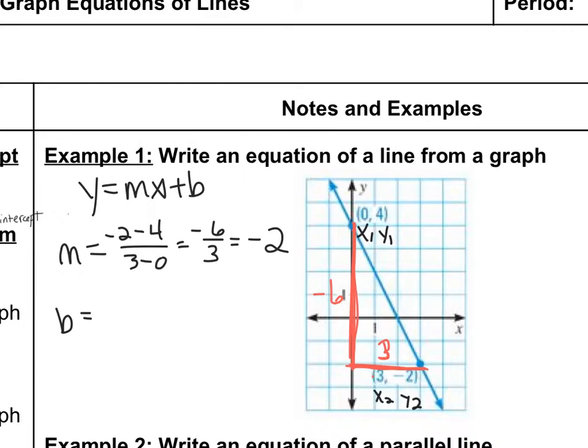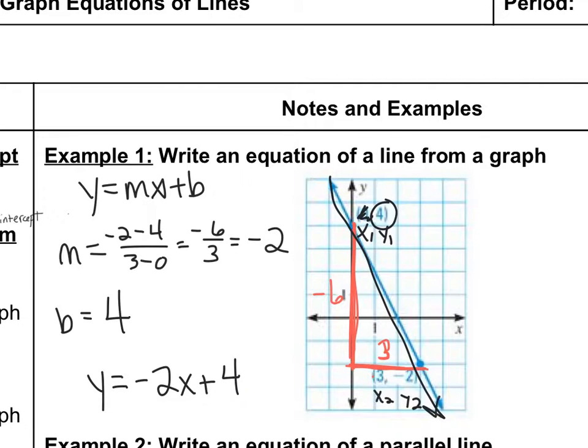Well, we aren't as concerned with that 0. We are concerned with that 4. That is our y-intercept. Then to write the equation of the line, we just plug in what we know. y equals negative 2x plus 4. That's the equation of that line in that graph.